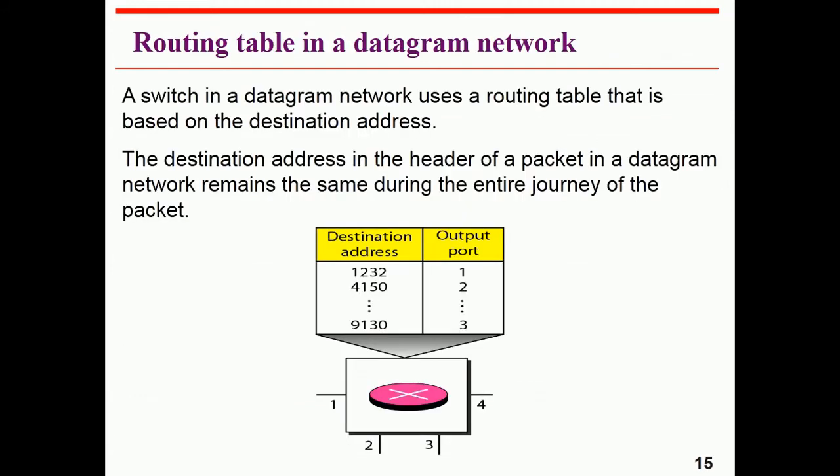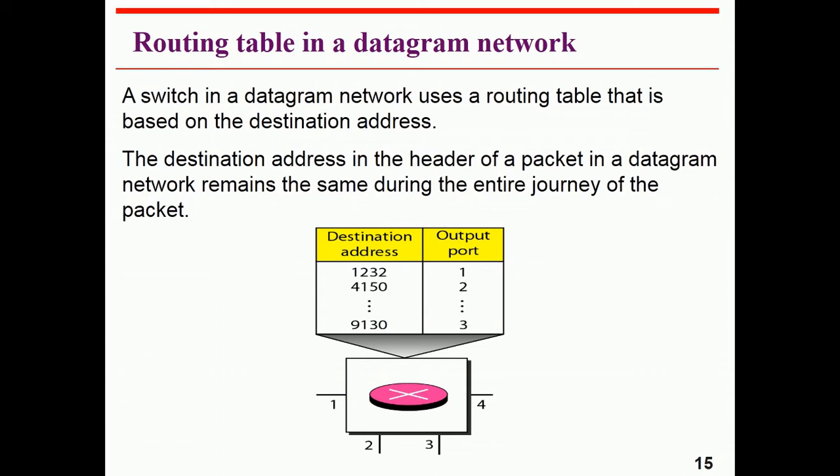This is the routing table in a datagram network. A switch in a datagram network uses a routing table that is based on the destination address. The destination address in the header of a packet in a datagram network remains the same during the entire journey of the packet.